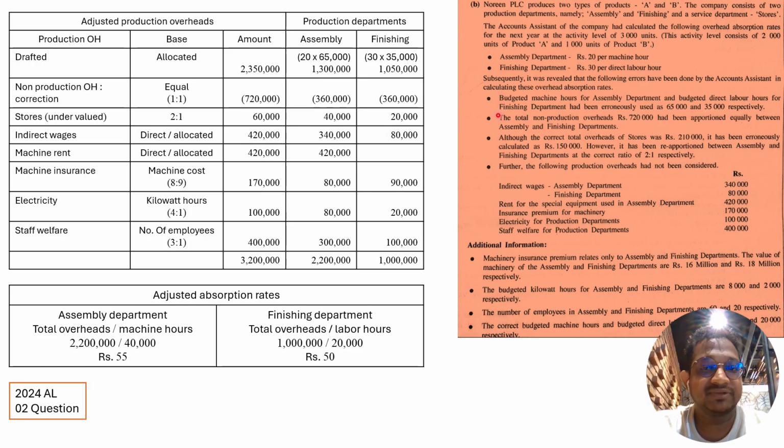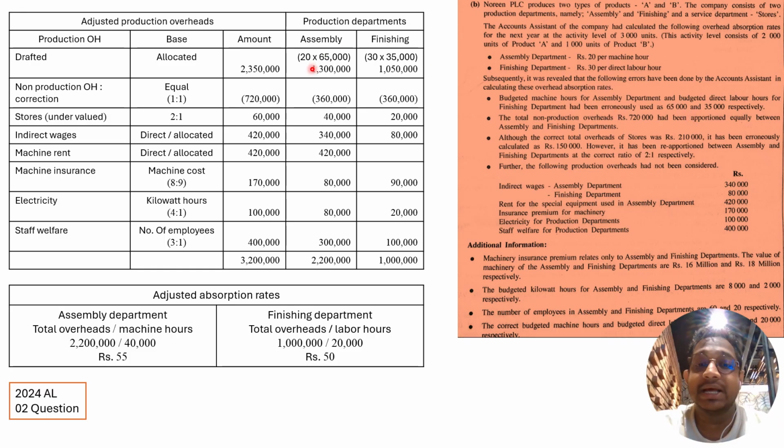So budgeted machine hours for the assembly department and budgeted direct labor hours for the finishing department had been erroneously used as 65,000 and 35,000 respectively. So from these, you can find out the drafted overheads, right? So 20 per machine hour, and they used machine hours as 65,000.